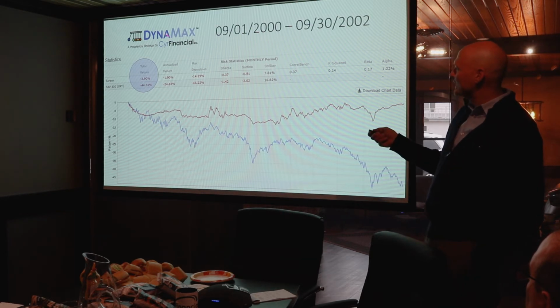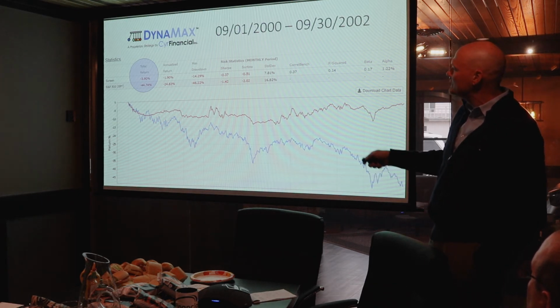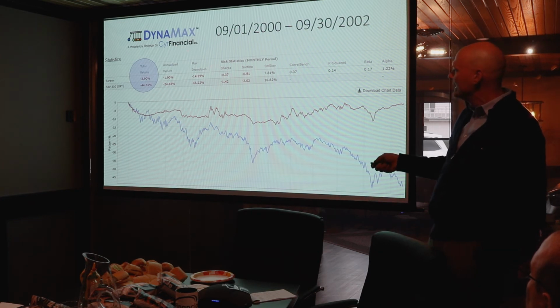This Dynamax, for example, basically broke even in 2018, okay? But in the last quarter, when the stock market had its worst quarter since 2011, this Dynamax lost almost 16%. And so the point of this chart is to show you that even though this is some great strategy perhaps, on day one, when the market started going down, it takes time for it to realize that something's going on. Okay, we can go back.